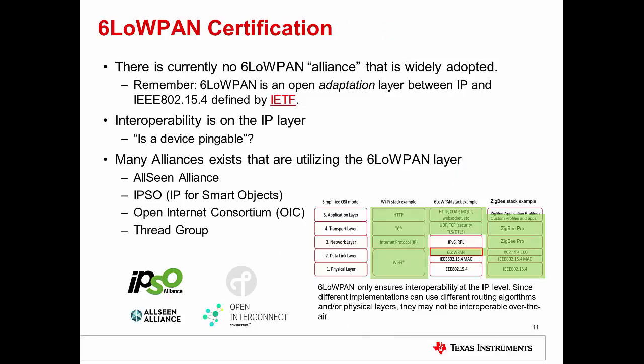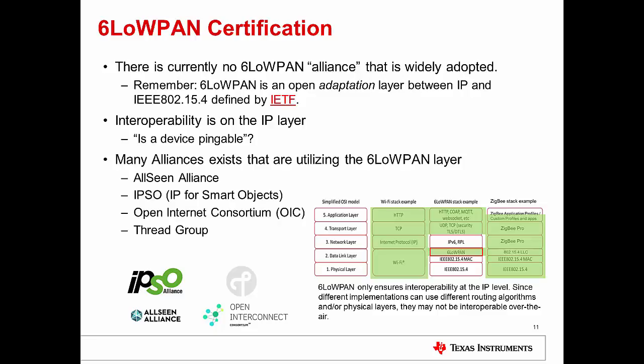The most important part in any of the LPRF networks or LPRF solutions is its certification. What has been so far with the other standards like BLE or ZigBee for that matter is that there has been an alliance. There was always an alliance which was governing the specs and providing the test beds for certifying essentially all the nodes which want to comply with that specification.